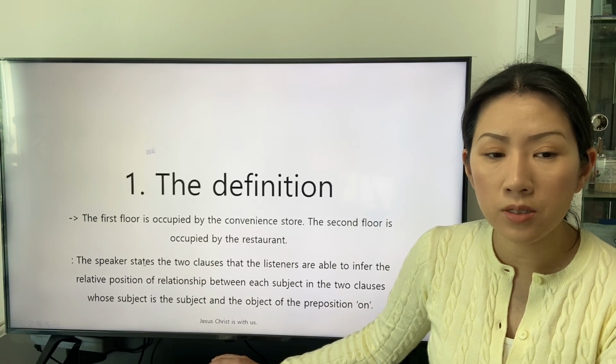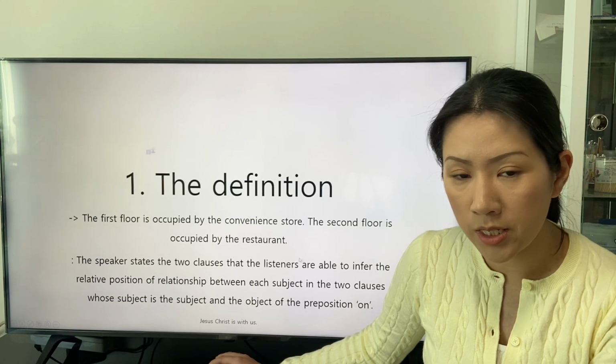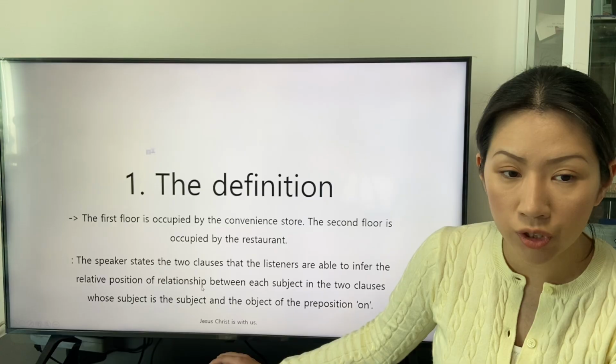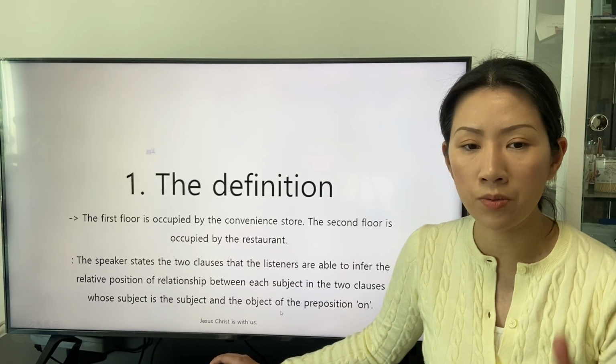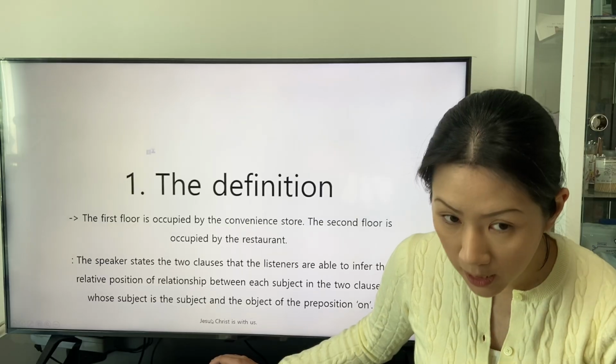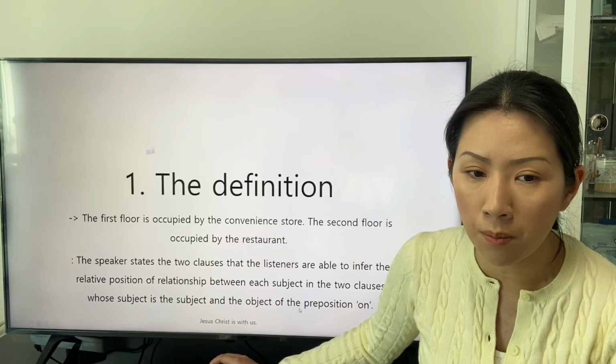The speaker states the 2 clauses so that the listeners are able to infer the relative position of the relationship between each subject in the 2 clauses whose subject is the subject and the object of the preposition on.